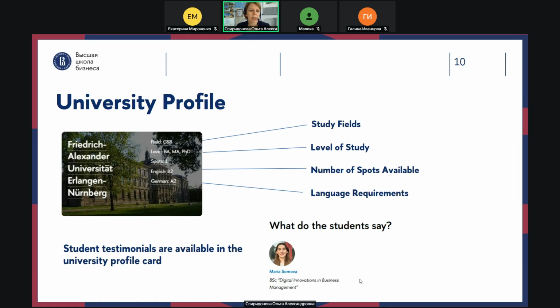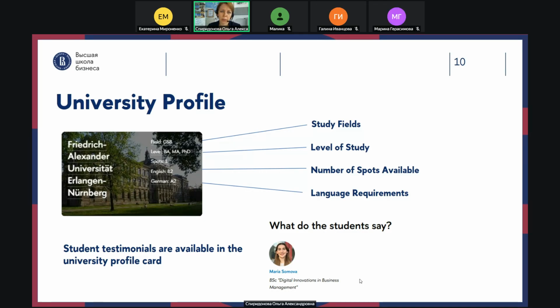For each university, you'll see this kind of card. There you can see the study fields, level of study, number of spots that are available, and language requirements. Usually for all universities, they require only English, but some universities can write that they want you to have some other language, for example, German.